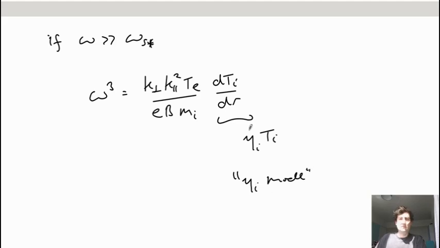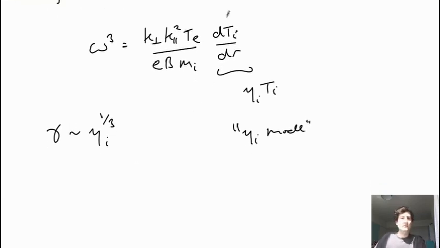Now eta I is basically a measure of the gradient, so it's 1 over the length scale. Because this is a cubic, one of the roots has an imaginary component, and it has a growth rate, and so the growth rate is therefore like the cube root of eta I, where eta I measures the gradient of the ion temperature.